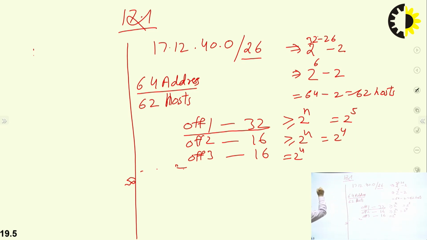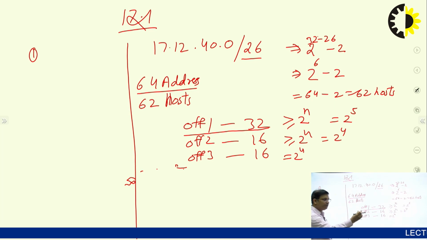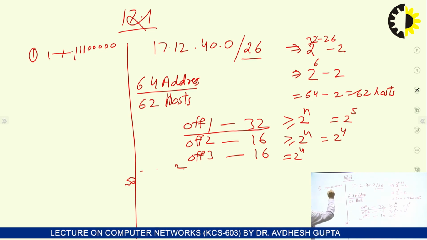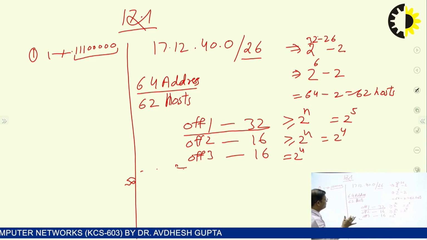Let's take the first case. In the first case, 5 bits will become 0: 1, 2, 3, 4, 5, and the rest will all be 1. When we convert it into decimal, whatever the value is, in slash notation what will be the mask?